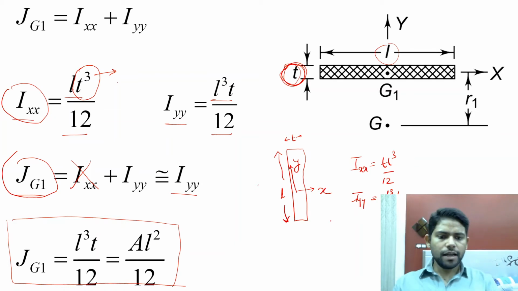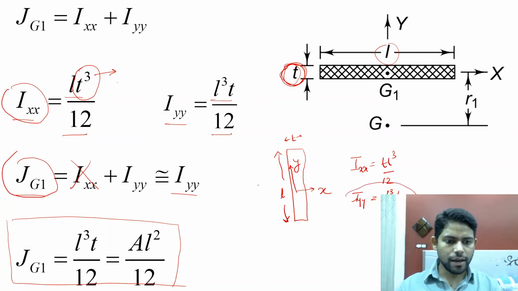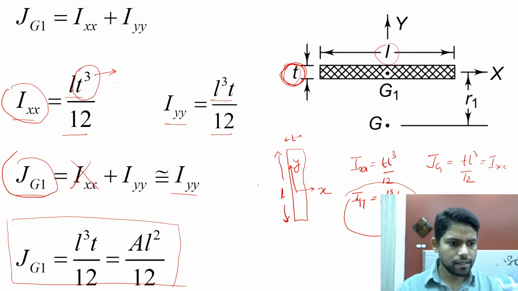So you can see that for the vertical weld, the value which is small is Iyy. So for this particular case, your polar moment of inertia will be equal to T L cube by 12, which is Ixx, and you are going to neglect Iyy. So you have to be very careful.